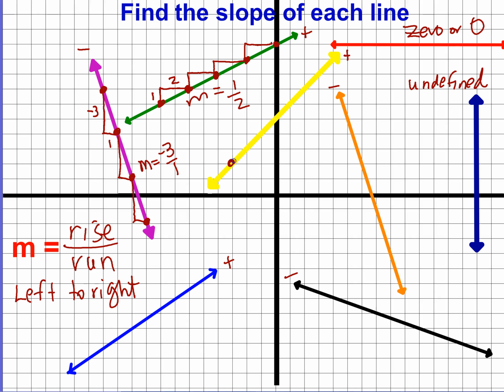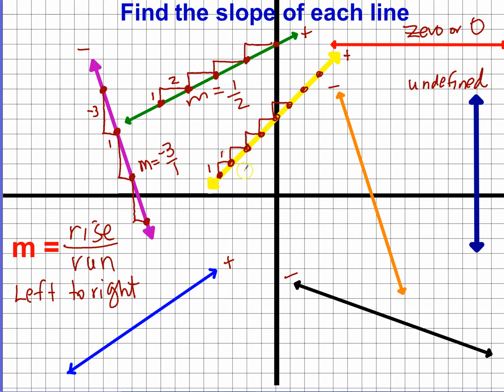So now when I look here, all these dots, it crosses this corner, that corner, that corner, that corner. So what's the slope? Well, from left to right, I'm going up 1 over 1, up 1 over 1, up 1 over 1.